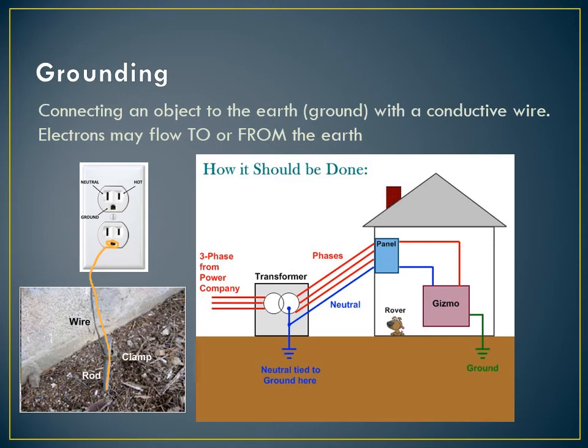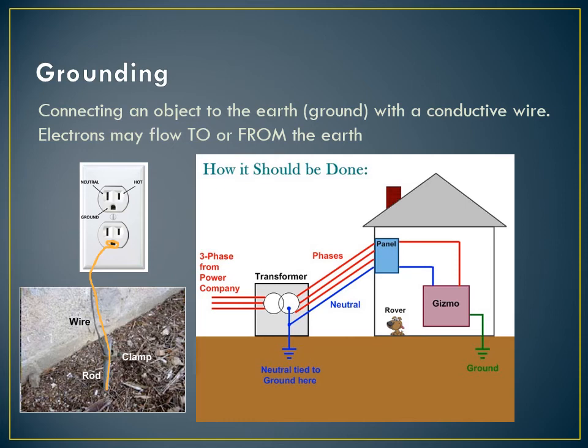The purpose of that is basically to neutralize things in general, because the earth is such a huge object that it can absorb extra electrons from objects that are negative, or if an object is positive, the earth can provide electrons to balance it out. So grounding in general means connecting an object to the earth.